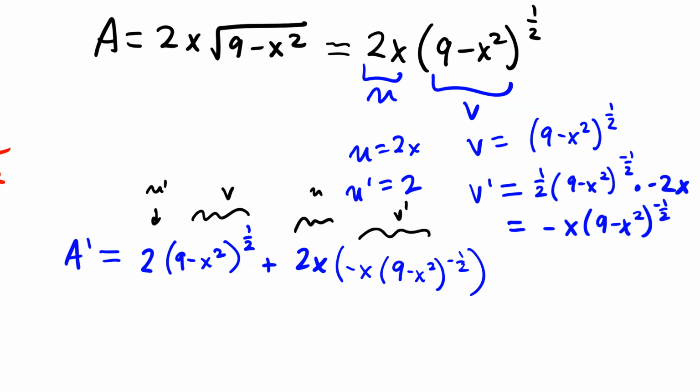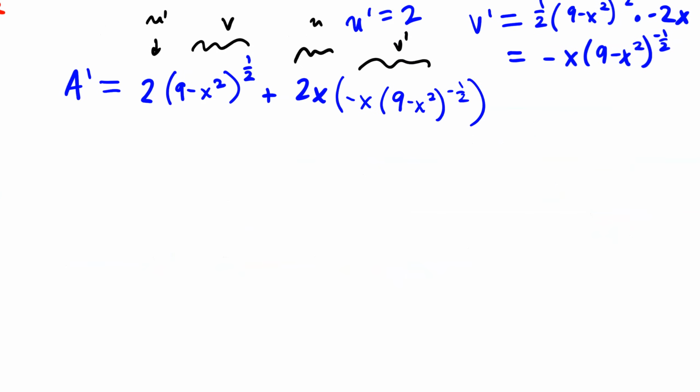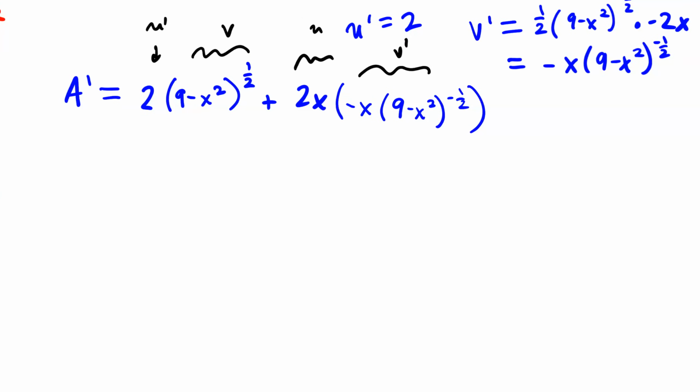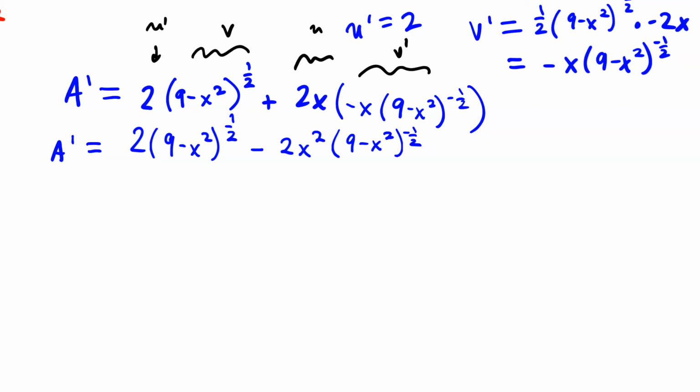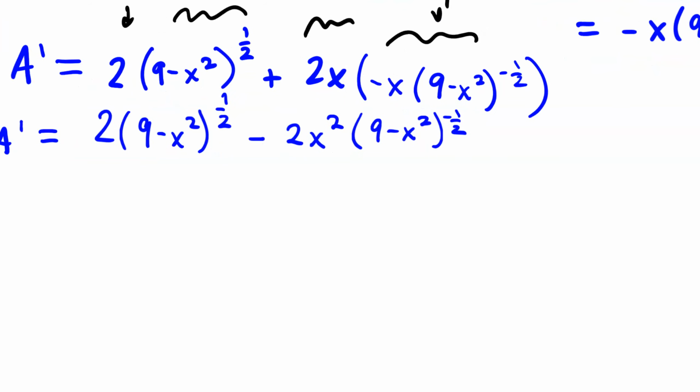You could do this whole thing first. Commutative property of addition, because you're adding, it doesn't matter the order you add. Okay, let's simplify this a little. So 2 times 9 minus x squared to the 1/2, minus 2x squared times 9 minus x squared to the negative 1/2.